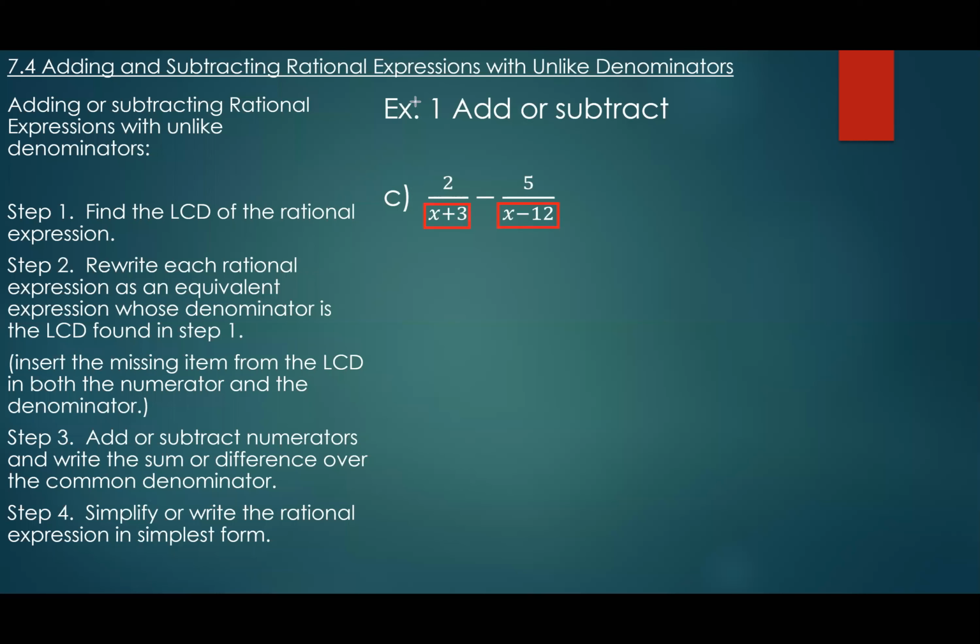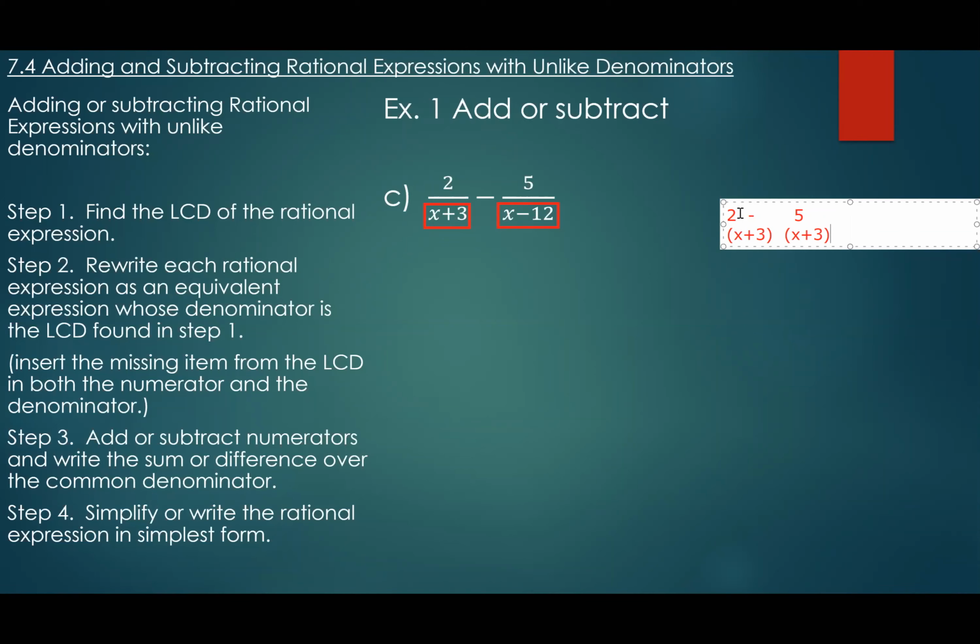Last time in 7.3, my problem was something like this: 2 over x plus 3, subtract 5 over x plus 3.